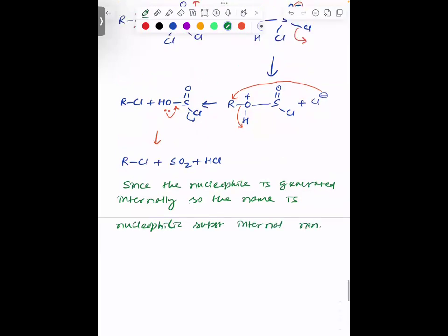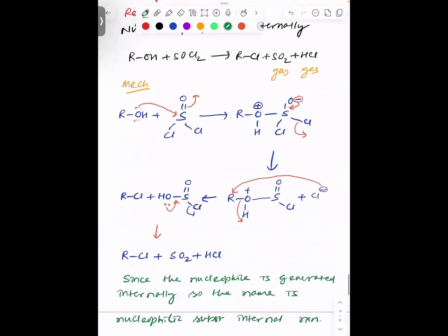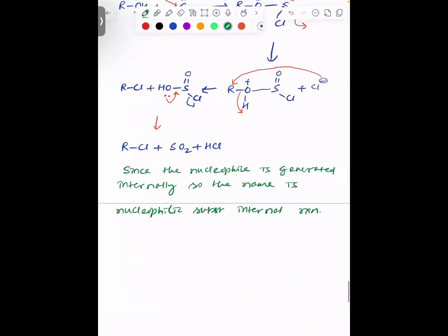In the reagent SOCl2, the chloride ion is not present directly; the chloride ion is generated internally from SOCl2. So the name is nucleophilic substitution internal reaction. Clear? Next, what is the stereochemistry of this reaction?